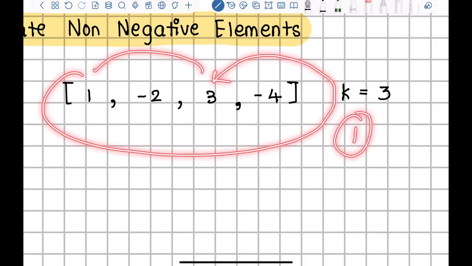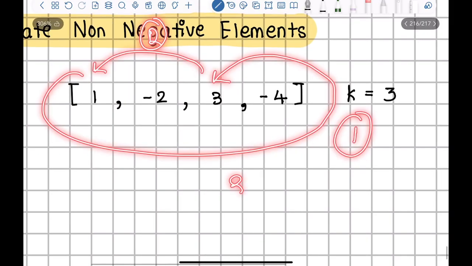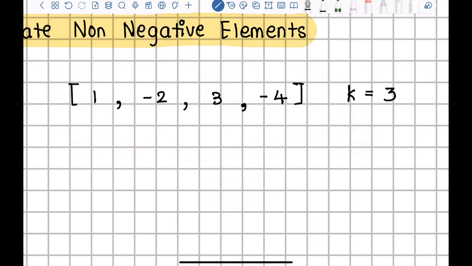So my first step to the left would be to 3. Then my second step would be back to 1. Then my third step would again be back to 3. Right? So basically it went here, then it went here, then it again went here, and the same thing happened with this.